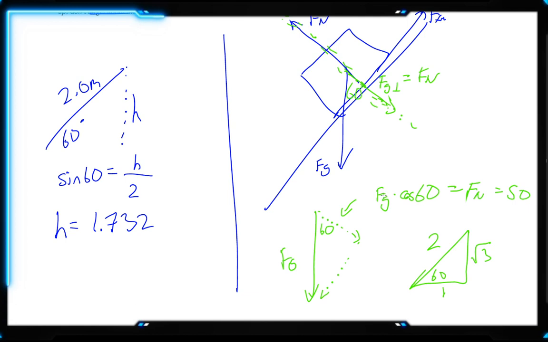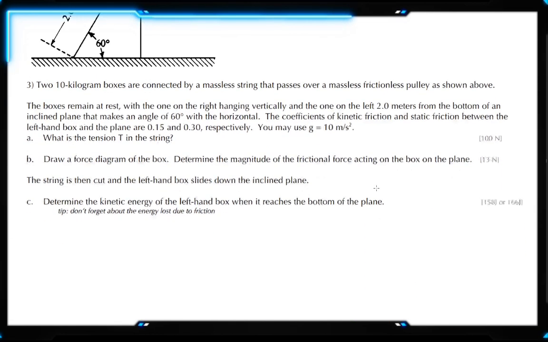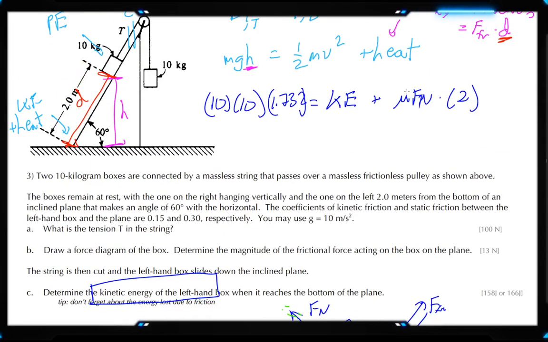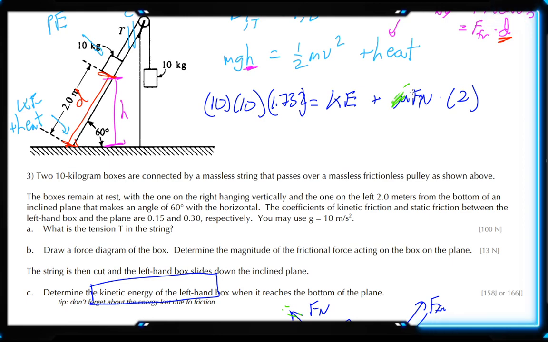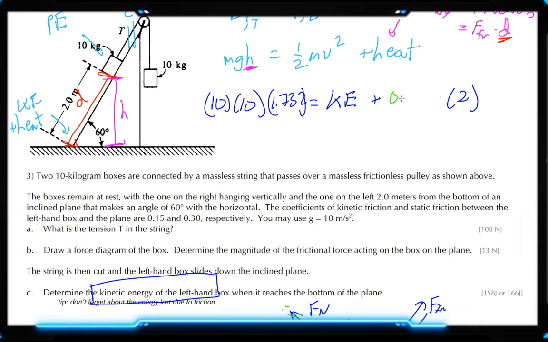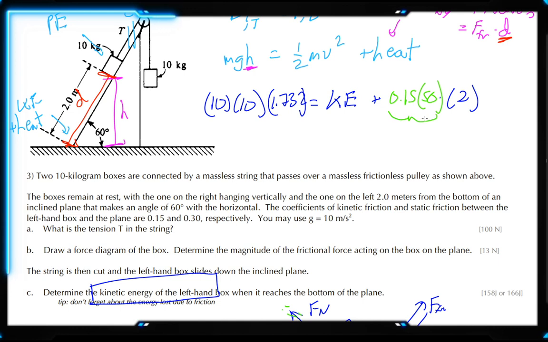Fg is m times g, 10 times 10 times half is 50. Okay, good. So then Fn is 50. So I can replace this with mu, which is 0.15, times the 50, times 2. That's friction times this distance here.